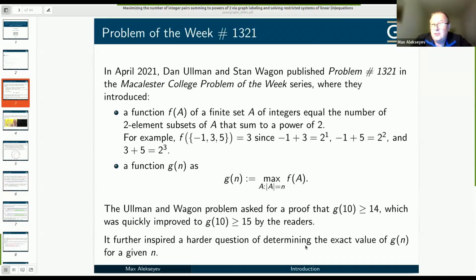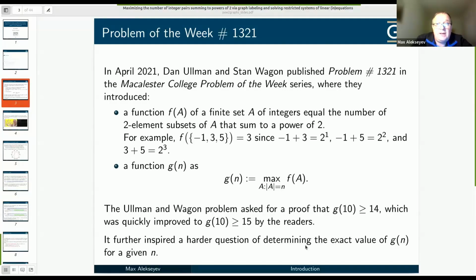We started in 2021, when Alman and Stan Wagon published problem number 1321. The problem is about a function which is defined on a finite set of integers. This function is denoted here by f.